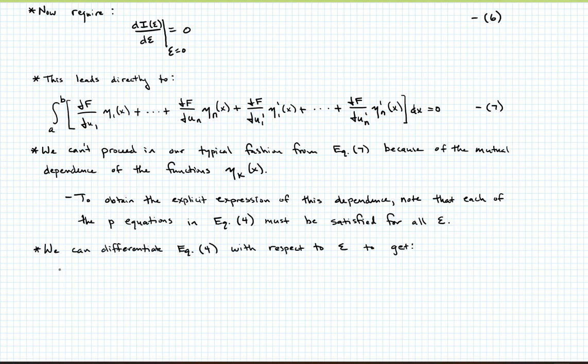We end up with the partial of GR with respect to U1 tilde, and we haven't yet set that we're evaluating this at epsilon equals 0, times a to 1, I've dropped the of x just for compactness, plus dot dot dot plus partial of GR with respect to UN tilde times a to n, plus the partial of GR with respect to U1 tilde prime times a to 1 prime, plus dot dot dot plus partial of GR with respect to UN tilde prime times a to n prime.